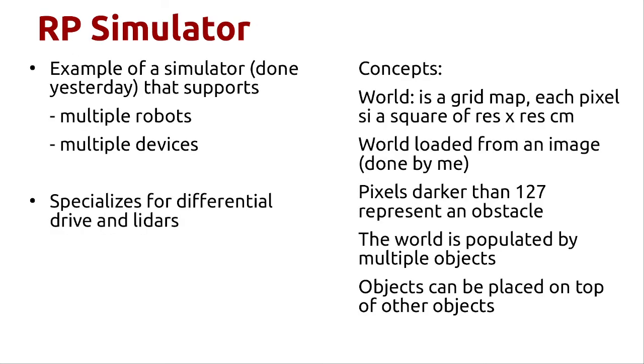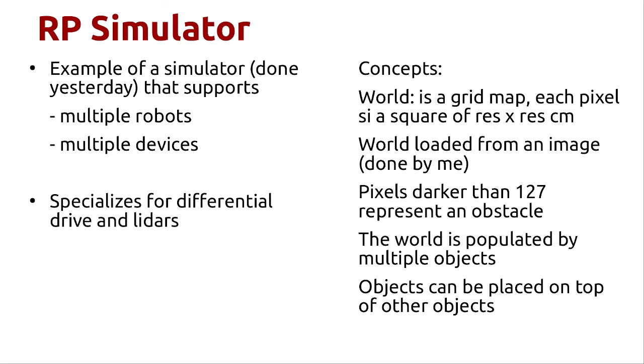And then let's come to the juicy part, which is what I would like. What time is it? Oh, I don't know if we manage, but I will try. We would like to construct, with the concepts that we have learned up to today, a funky simulator, done yesterday afternoon, that supports multiple robots and multiple devices.